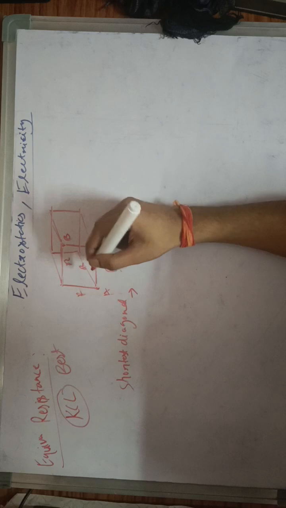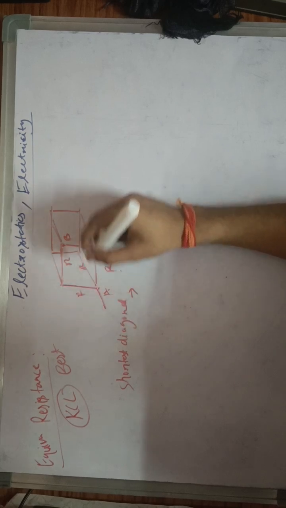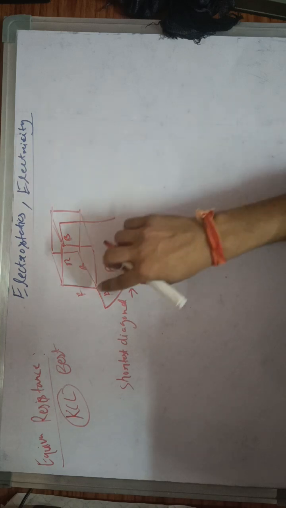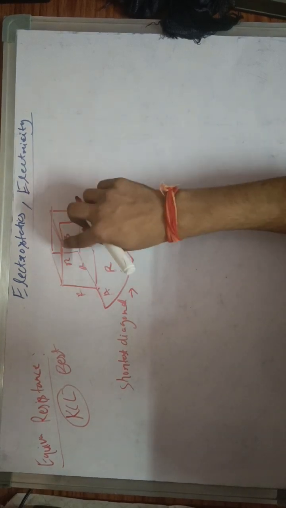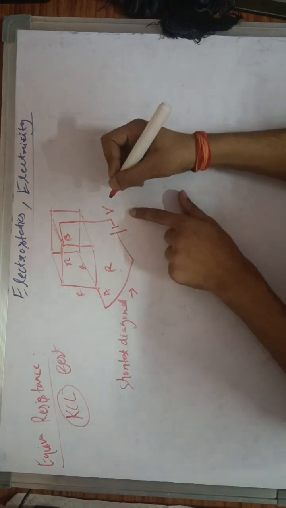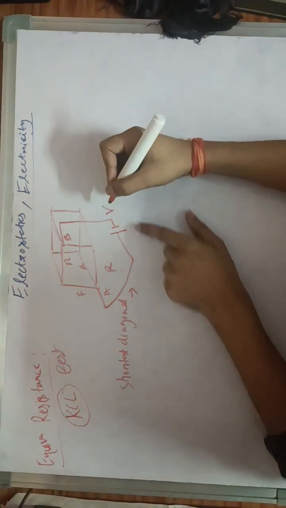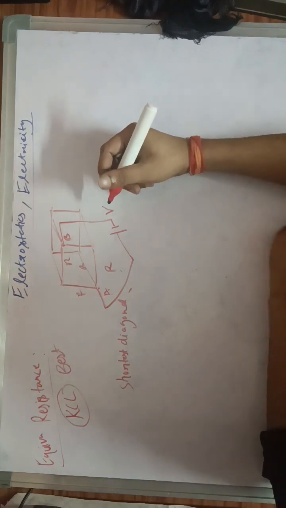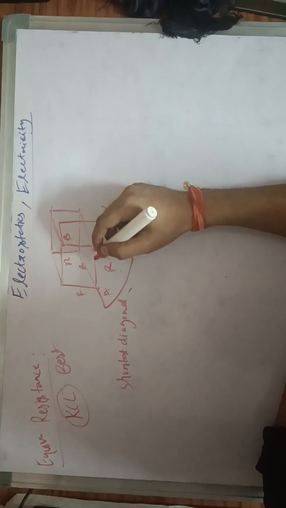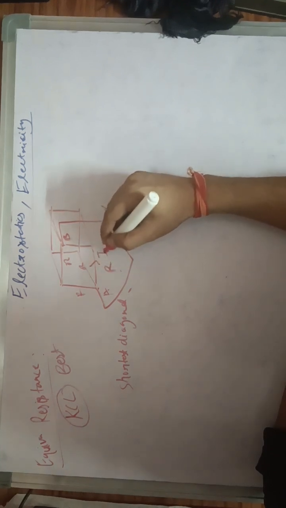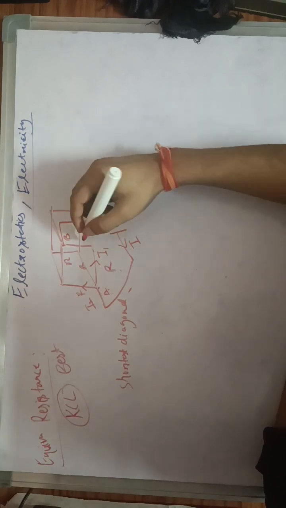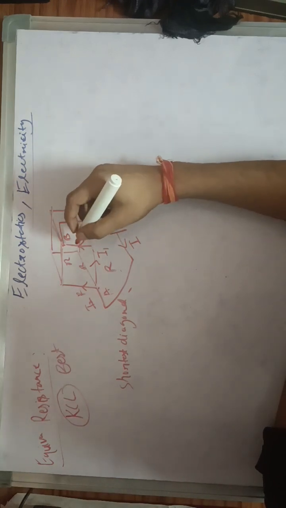Let's assume there is a cell connected to this A and B, of potential difference V, and some current I flows through it, and it gets divided into I1, I2, and then it gets divided further.